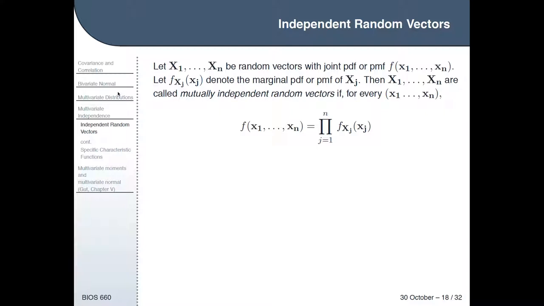And then x1 up to xn are said to be mutually independent random vectors if for every possible x1 up to xn, the joint PDF or joint PMF is just equal to the product of all the marginals. Once again, consistent with what we did in the bivariate case.